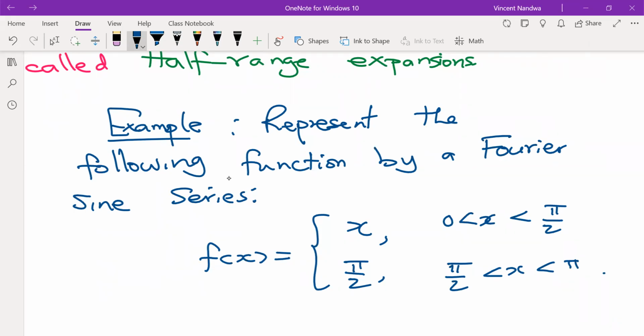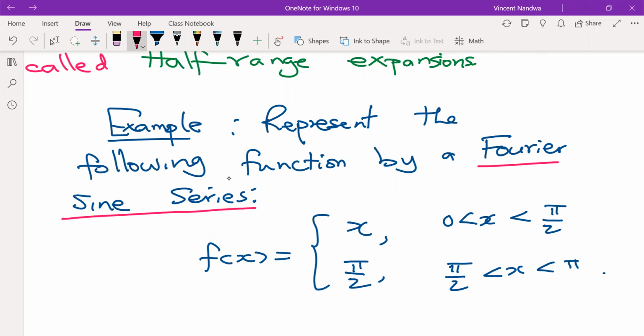You see, we are defining this function from 0 to pi, and the question itself tells us what we are supposed to do: we are supposed to find the Fourier series by defining a sine series.